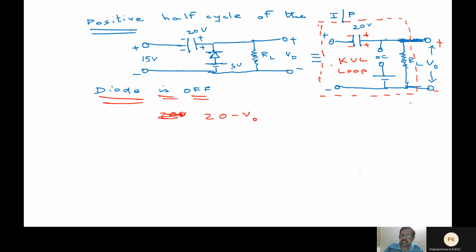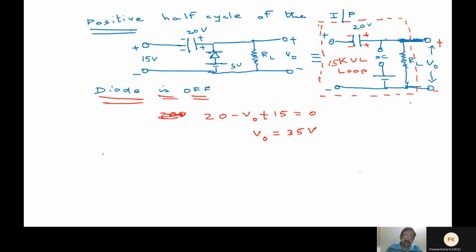So as seen from here, this will be 15 volt and this is plus 15 volt equal to 0. So V0 will be simply 35 volt because this is minus, so it goes to the other side, it becomes plus V0. So output in the positive cycle is 35 volt.